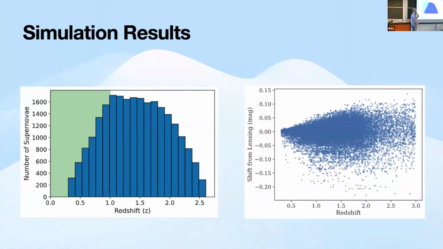So as a result, this was the output of our sims. You can see we've got the typical Roman supernova count with most of the objects above redshift 1. But you can see here on the right, the lensing magnification that we added in as a function of redshift. And this has the properties that we would expect: the majority of them are shifted down here, it's asymmetric and increasing, and the scatter is increasing with redshift.